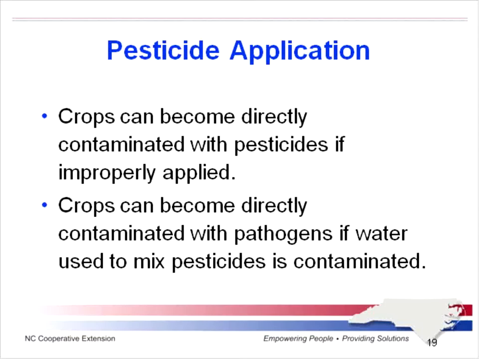A grower asked, if I'm putting a pesticide, an insecticide, into my mix tank, wouldn't it kill the E. coli as well? And the answer was no, because the insecticide is designed to target insects, not the microbial contaminants in the water. So it's ineffective at killing E. coli, for example, but maybe very effective at killing aphids or other insect pests.